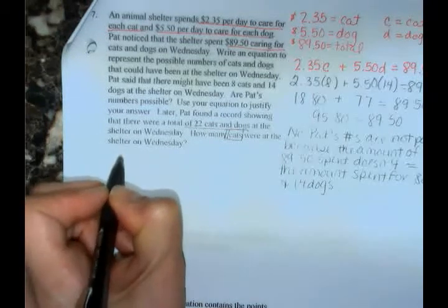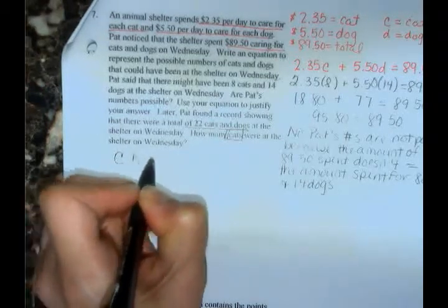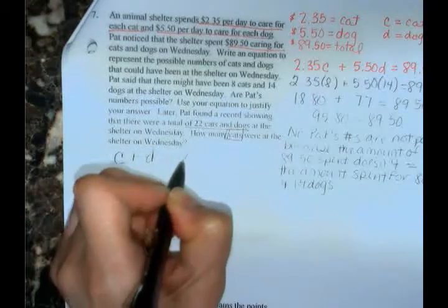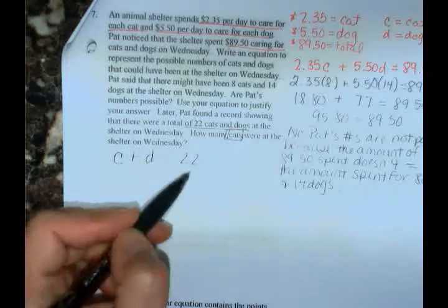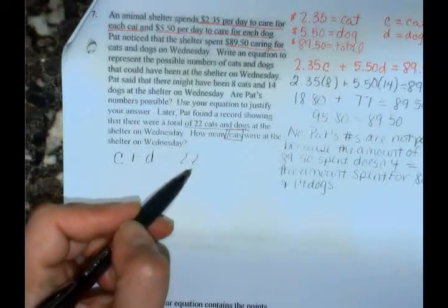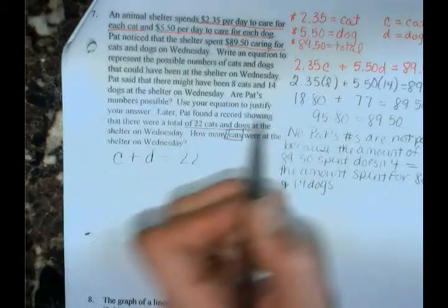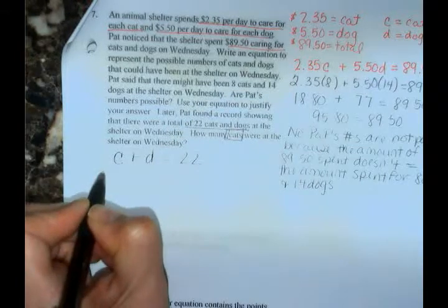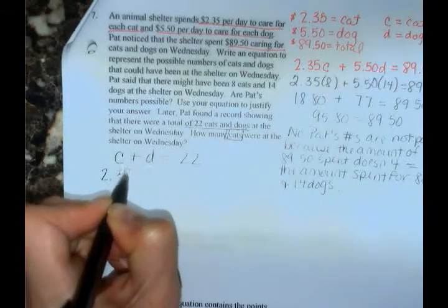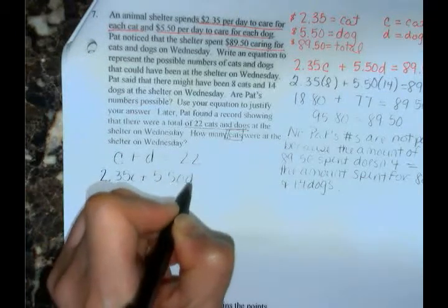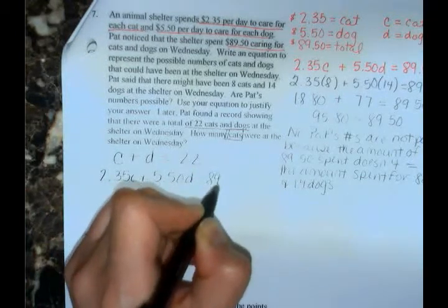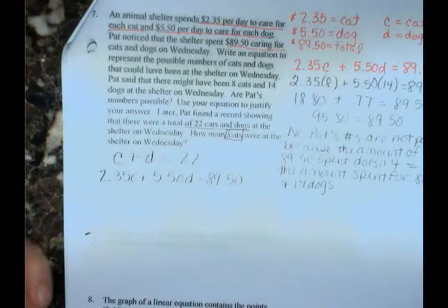So I would have C plus D equaling 22, which represents the cats plus the dogs equaling the total number of cats and dogs. Our other equation is up here. We have 2.35C plus 5.50D equals 89.50.